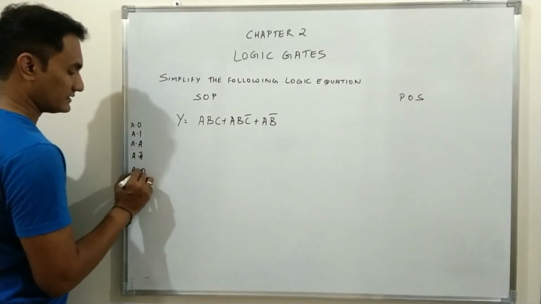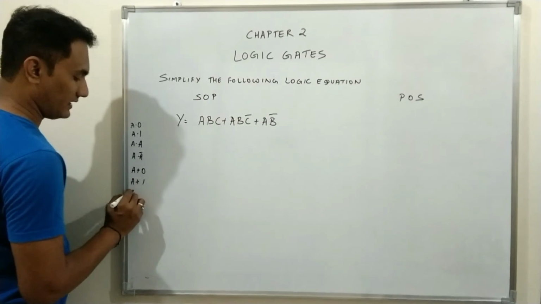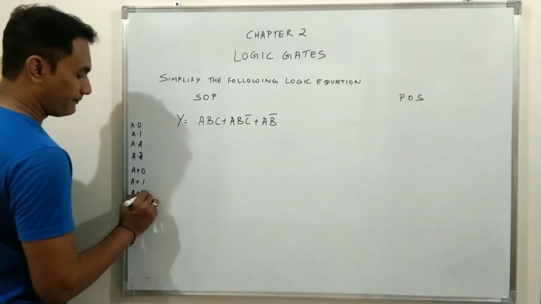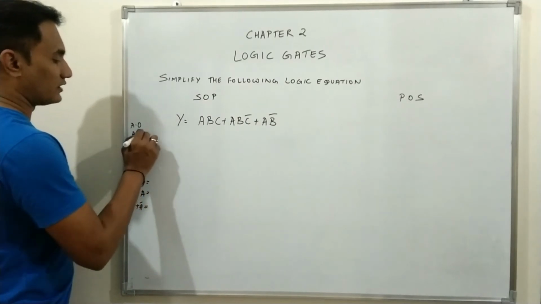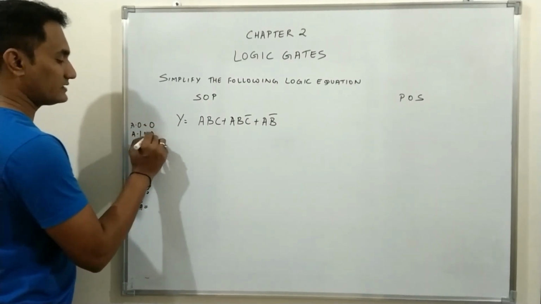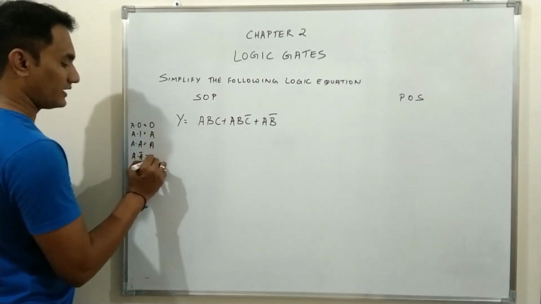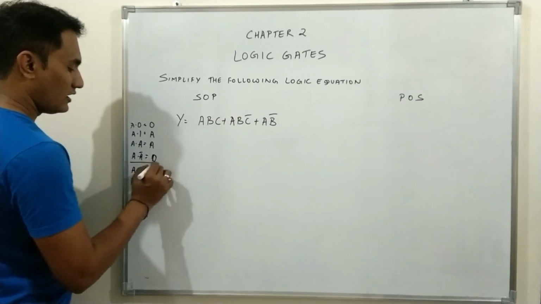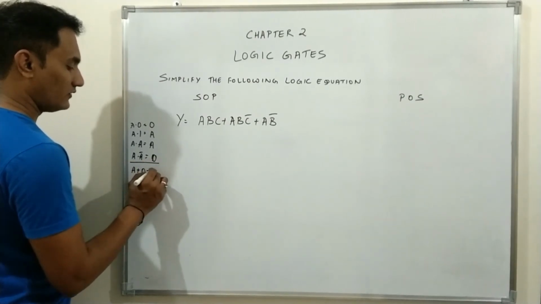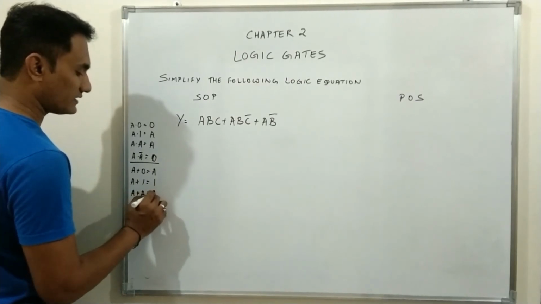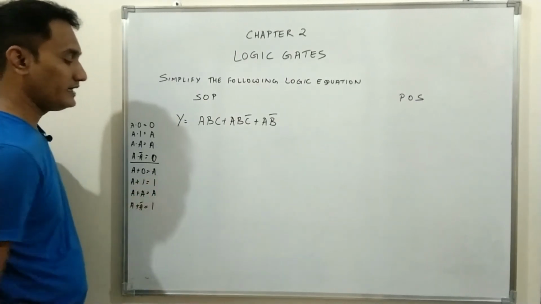Similarly, A plus 0, A plus 1, A plus A, A plus A bar. For AND law, A dot 0 is 0, A dot 1 is A, A dot A is A, A dot A bar is always 0. Similarly for OR law, A plus 0 is always A, A plus 1 always 1, A plus A always A, A plus A bar always 1.